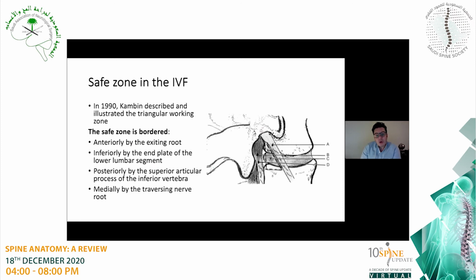The safe zone of the transforaminal approach was identified by Campbell in 1990. The boundaries of this zone are the exiting nerve root anteriorly, called Campbell's triangle, inferiorly the superior end plate of the vertebra below, medially the traversing nerve root, and posteriorly the superior articular process of the vertebra below.